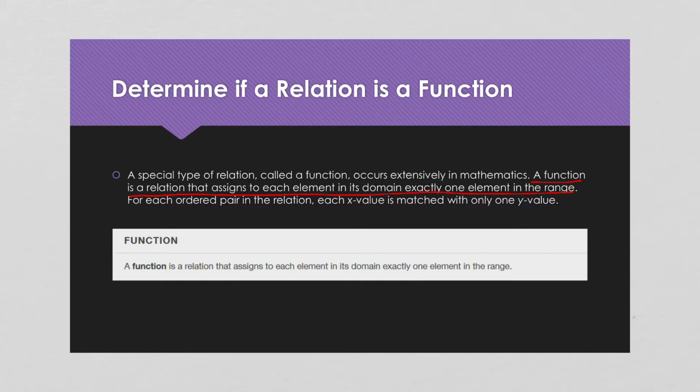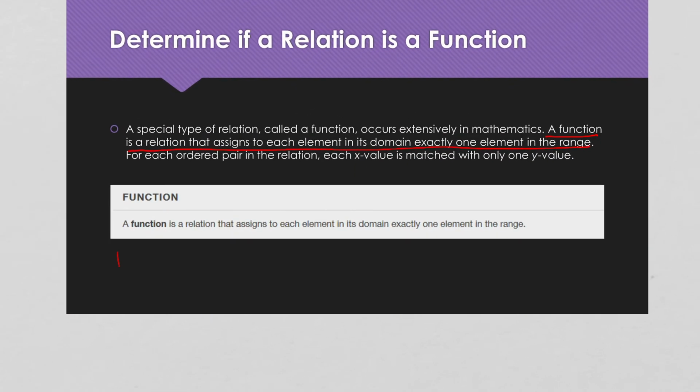It didn't make sense to me, no matter how many times they said it, but here is the gist of it. Okay, so the gist is, your x values are not allowed to repeat if something is a function, okay? So, to be a function, x values are not allowed to repeat, okay?